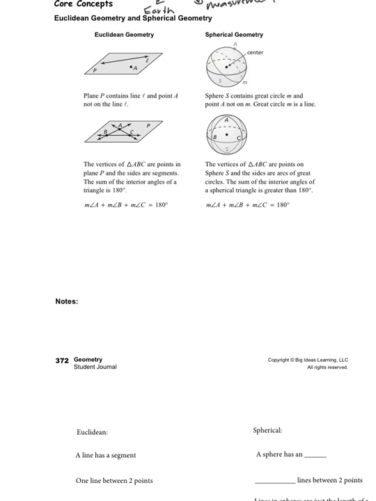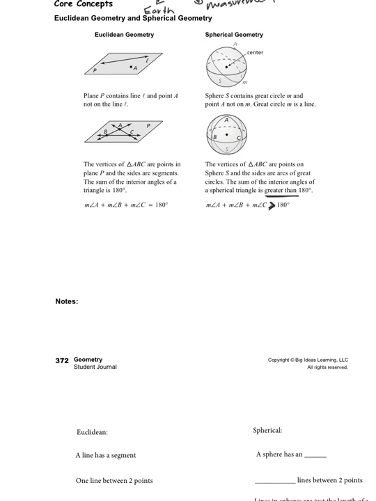Now, in spherical geometry, we would say that the vertices of triangle ABC are points on sphere S, and the sides are arcs of great circles. The sum of their interior angles has to be greater than 180 degrees. This diagram down here is wrong. It should actually say must be greater than 180 degrees.